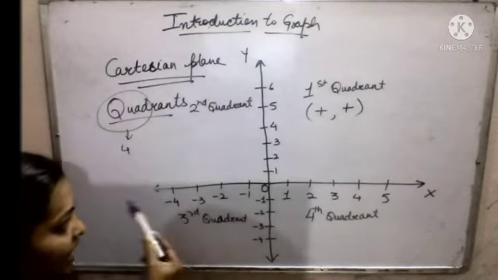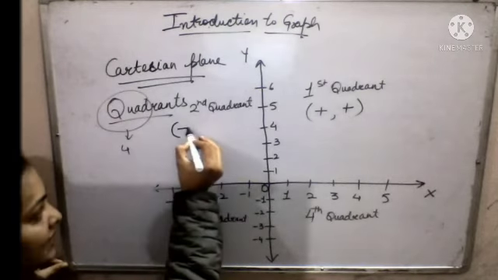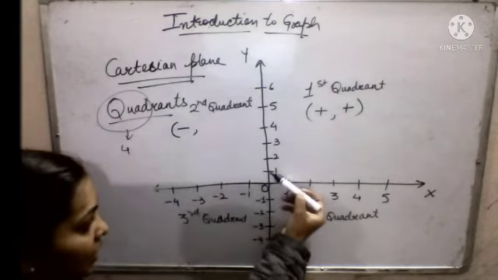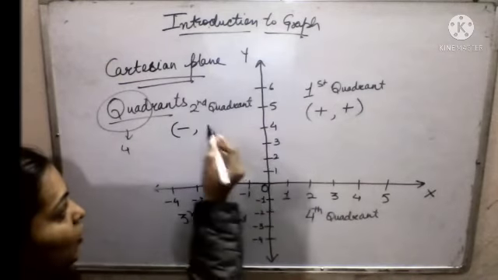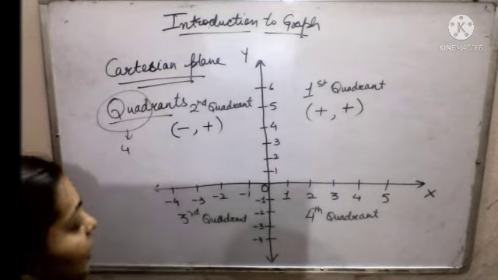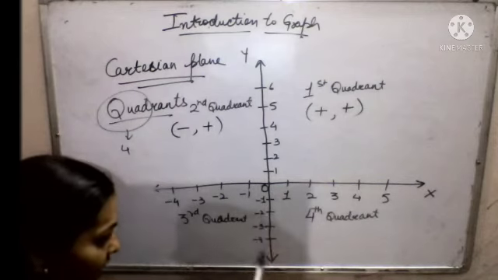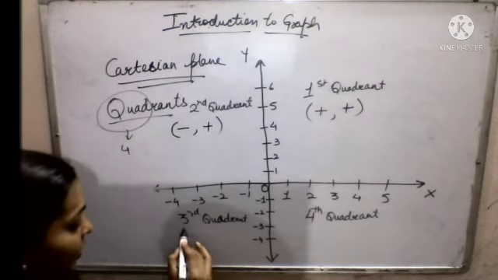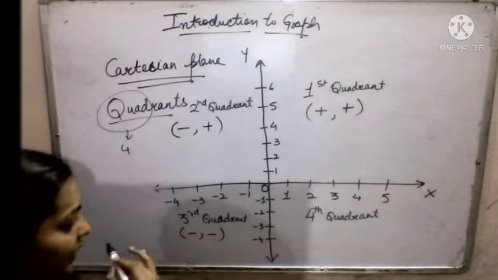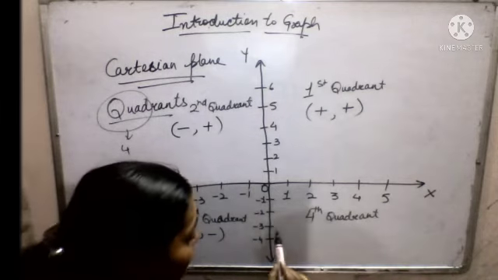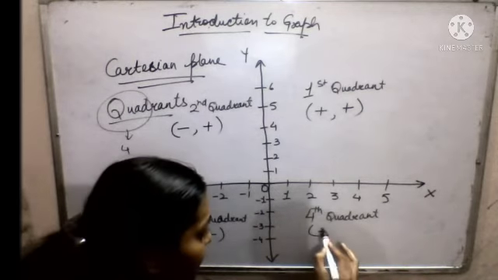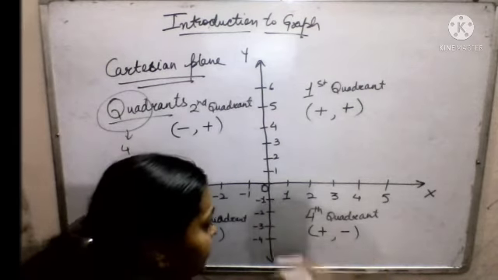So x is negative, and y is positive. In the third quadrant, both x as well as y are negative. And in the fourth quadrant, x is positive and y is negative.